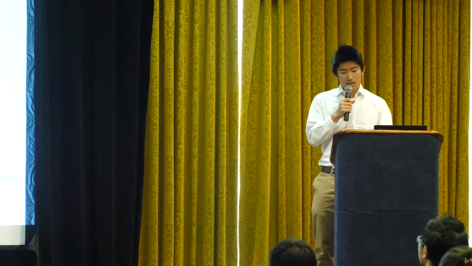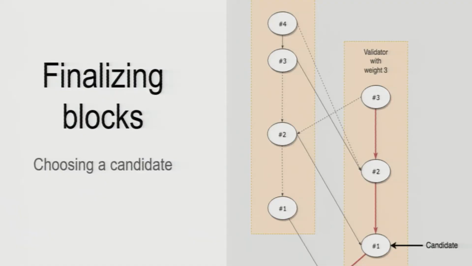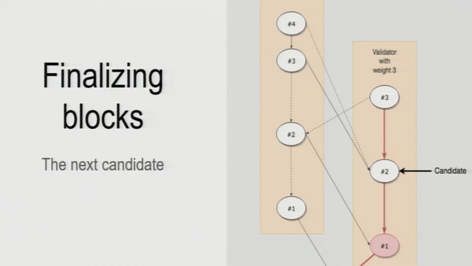And if the safety oracle does say it's safe, then you move on to the next candidate. And then you keep going until the safety oracle says, well, we can't say whether this is safe or not yet. And then at that point, you have to wait for more blocks to be included into your view.